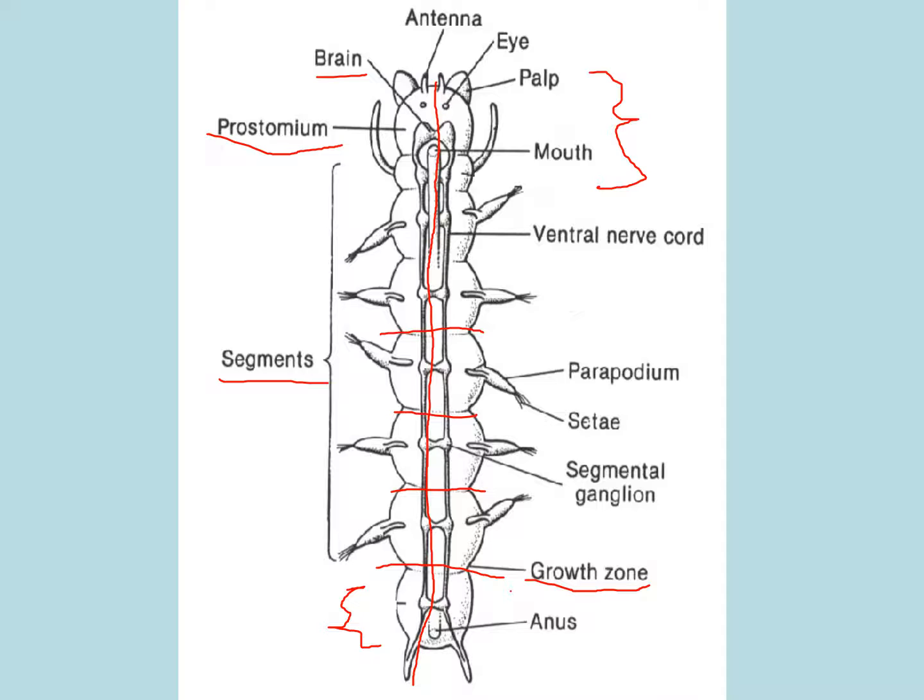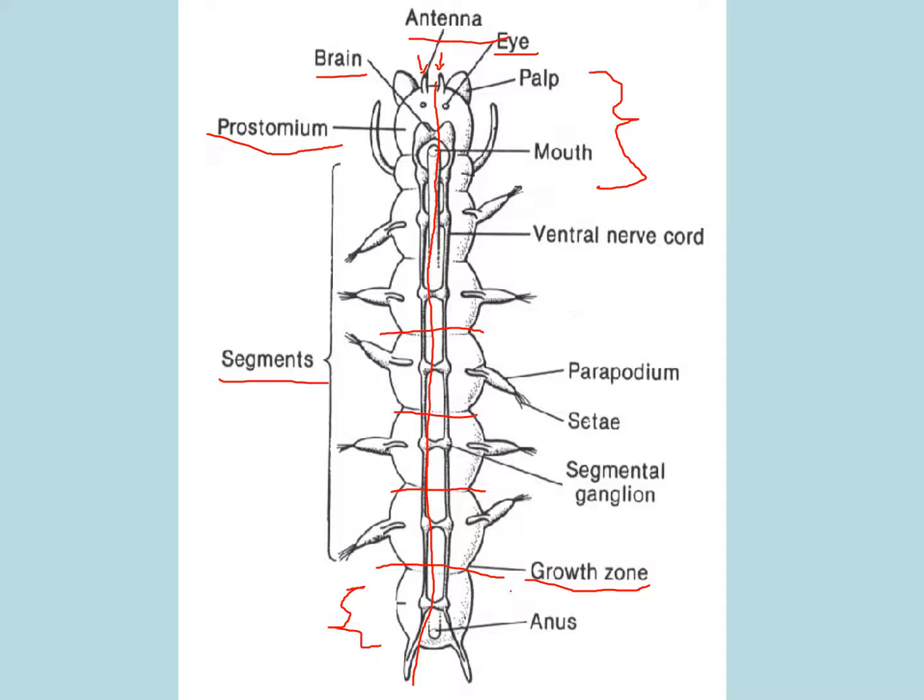The brain organizes the function and the directional movement because they have a grouping of the sensory organs towards the front of the body. That's called cephalization. We've seen that before. They can have anywhere from 2 to 10 eye spots. They'll have paired antennas right here and here.